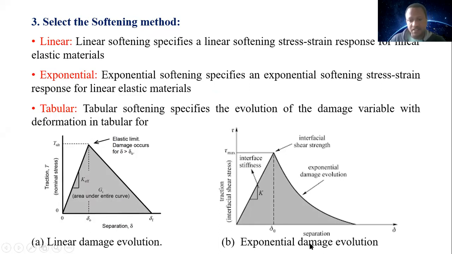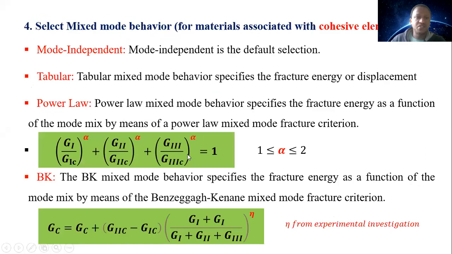Okay, so linear and exponential damage evolution. Then the selection of mixed mode behavior for material associated with the cohesive element: mode independent, tabular, power law, and BK are the options. So the power law is related with this equation, that is GI over GIC. GIC is the critical energy release rate.